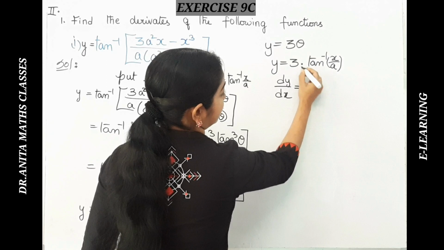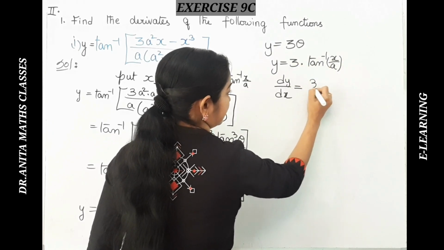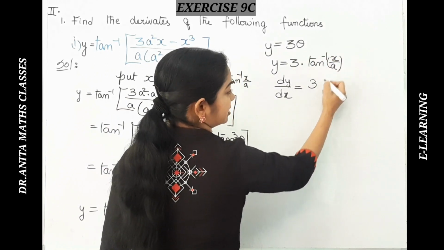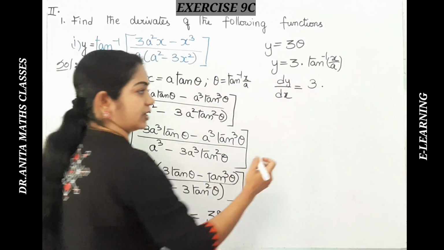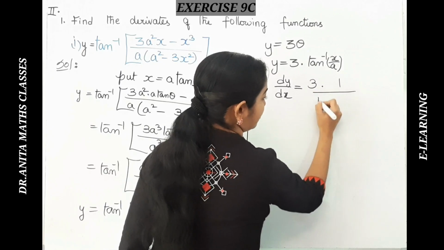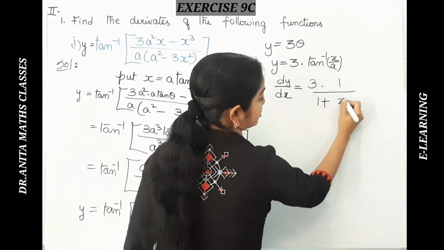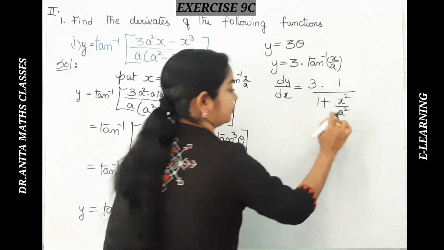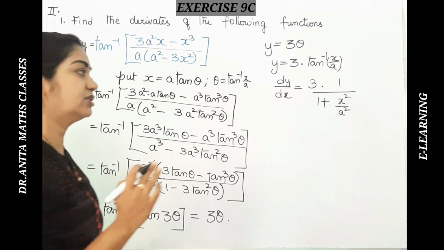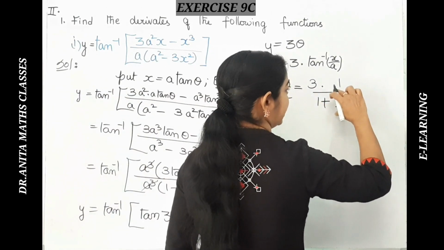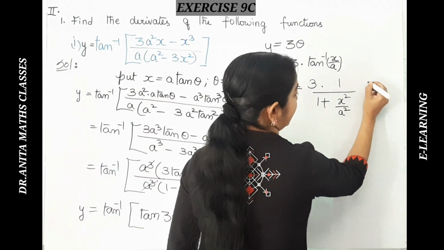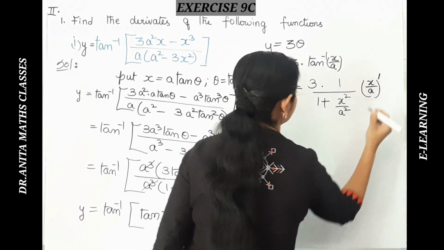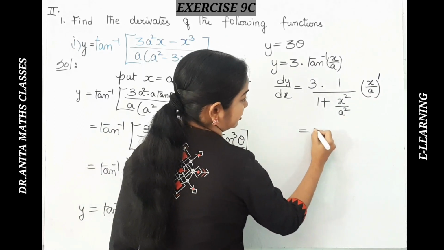is equal to, doing the derivative of this, 3 comes out because it is a constant, and the derivative of tan inverse of x is 1 by 1 plus x square, where here x is x by a, so 1 plus x square by a square. Here this is not in the form of only x, so we have to use the chain rule. We should differentiate d by dx of x by a as well.